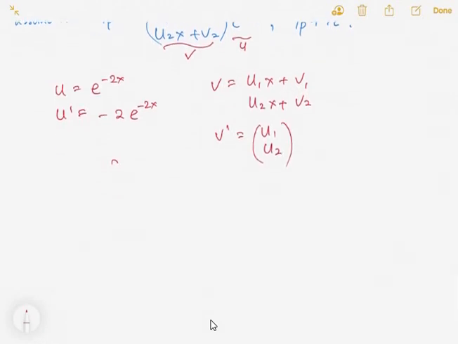In order to do the differentiation, you use the formula uv prime plus vu prime. So you just substitute the value.